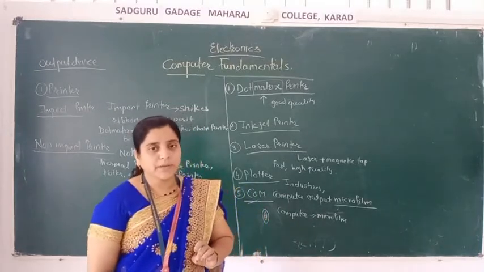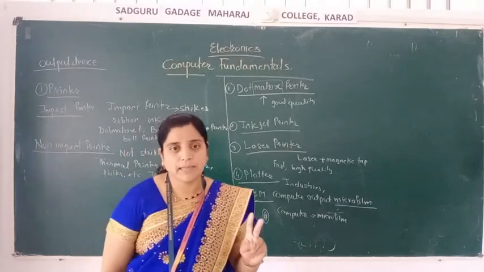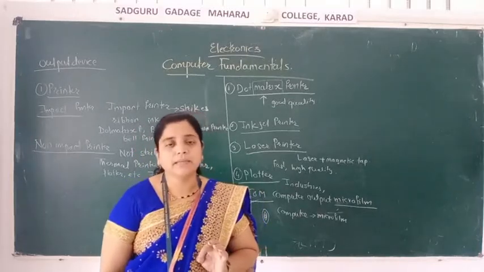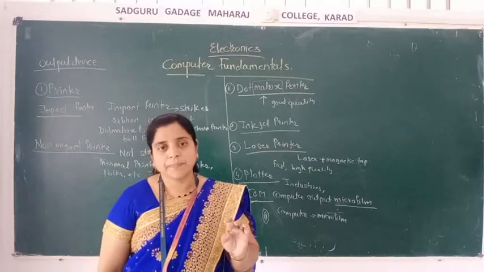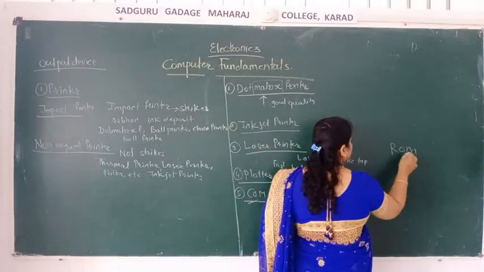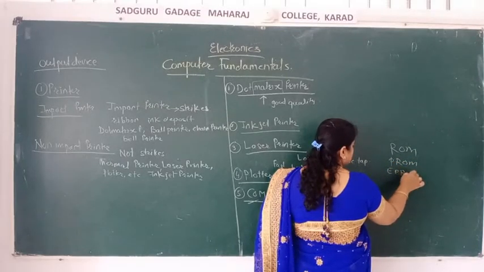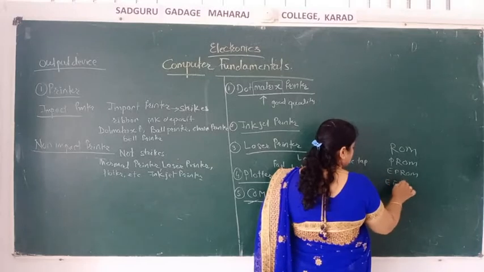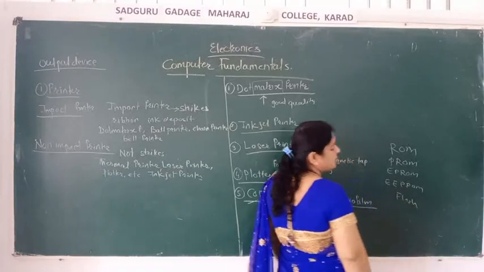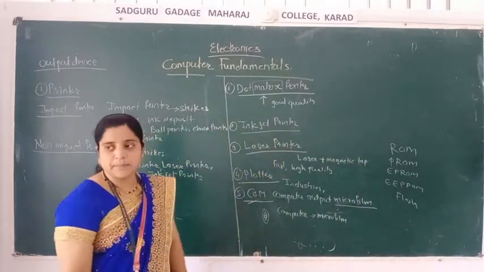We have seen the types of memory: RAM means random access memory, ROM is read-only memory, and there are PROM, EPROM, EEPROM, and flash memory, which we will see in the next lecture. Do all of you understand this? This is a very simple chapter.